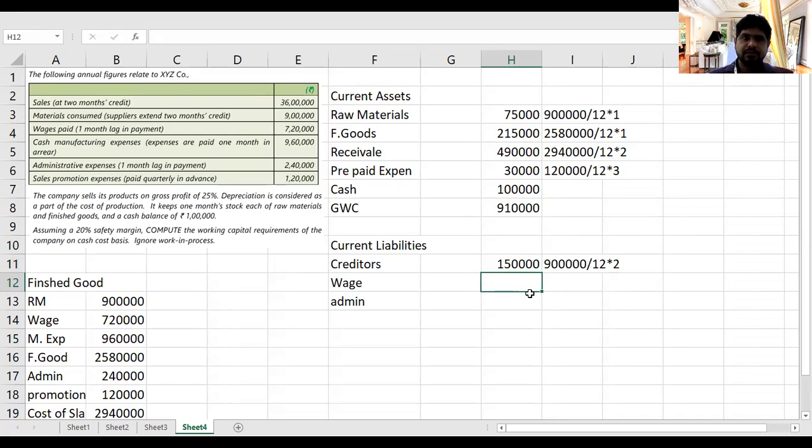And wage, what about wage? So annual wage cost is 720,000. We divide by 12 and we settle the wage in 1 month. So, right, it's equal to 60,000.